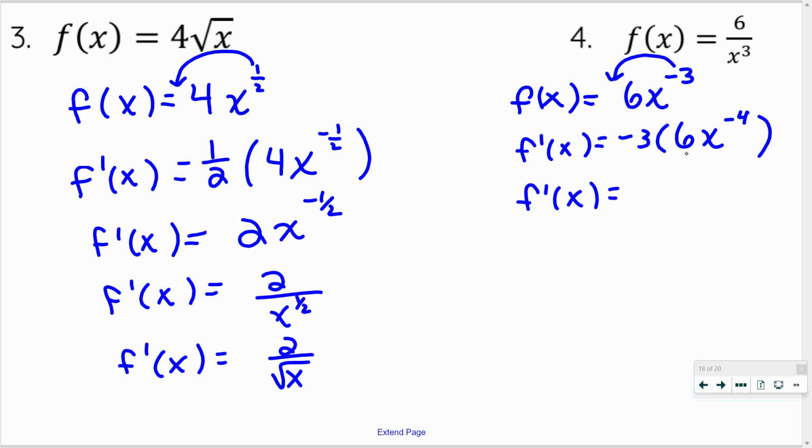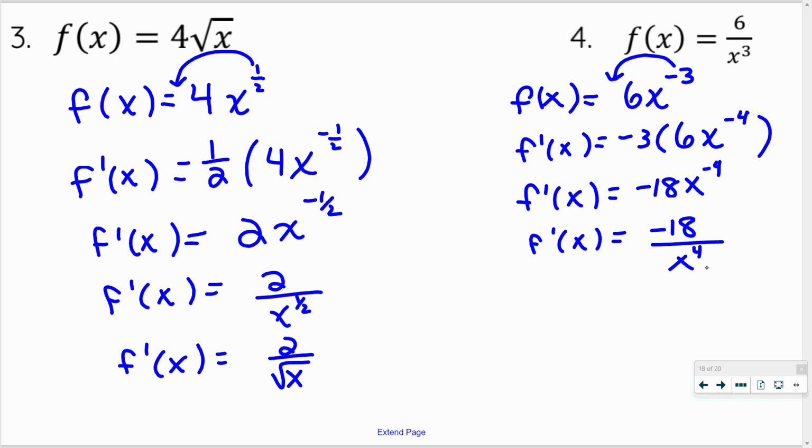Okay, so -3 times 6 is -18, x to the exponent -4. Again, I am not allowed to have an answer that has a negative exponent, so -18 stays in the numerator, and x to the +4 is in the denominator, and that would be my final answer.